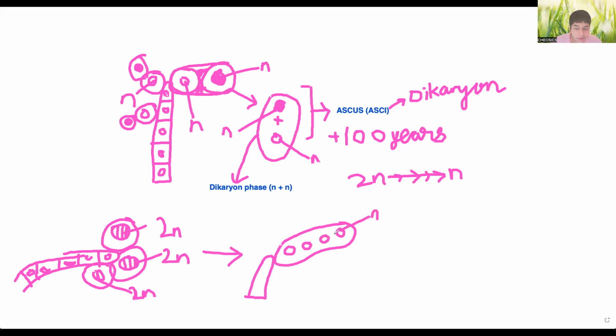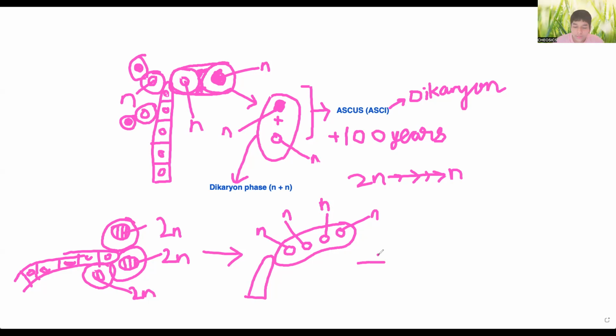All of these are haploid. And each of these will conduct mitosis. In mitosis, 1 gives rise to 2. So here 1 is converting to 2.